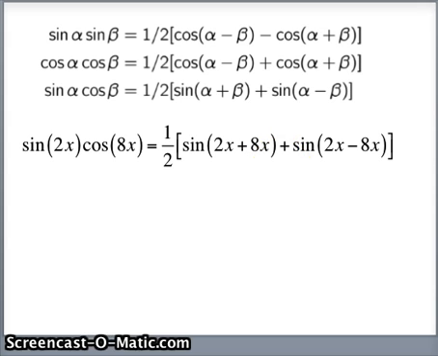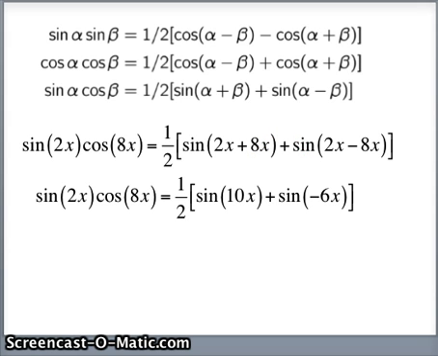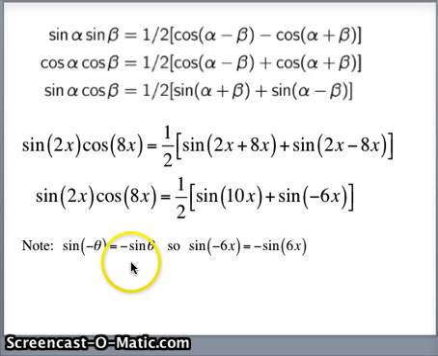So 2x minus 8x is negative 6x. And then we have to remind ourselves, how does sine behave? Sine is an odd function. Sine of negative theta is negative sine theta. So knowing that, sine of negative 6x is the same as negative sine 6x, using the fact that sine is an odd function.